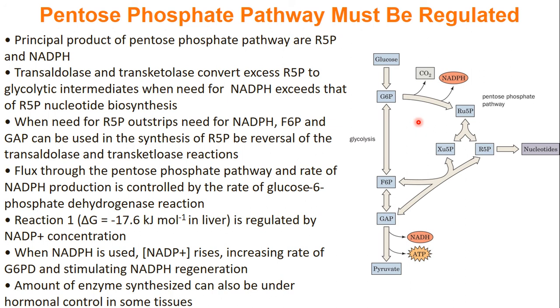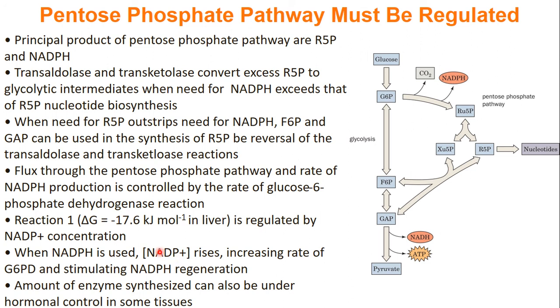This was the first reaction in the pentose phosphate pathway. The delta G is very negative, so it's very far away from equilibrium. And as we saw in glycolysis, any enzyme that's far away from equilibrium is a target to be regulated. And this is actually regulated by our NADP plus concentration. So the logic of this is, in the body, when you use NADPH, the amount of NADP plus rises.